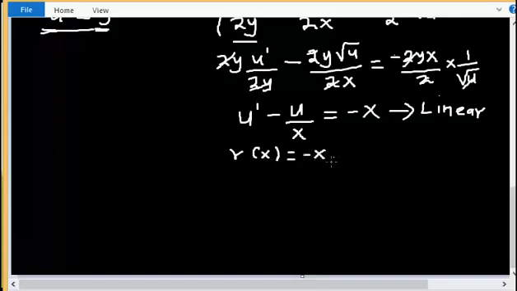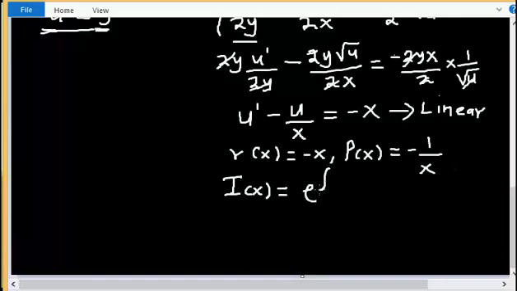And of course my p of x, the function that's attached to u, is equal to minus 1 all over x. All right, and then my integrating factor, I of x, is equal to the exponent of the integral of minus 1 all over x with respect to x. Let's do this.